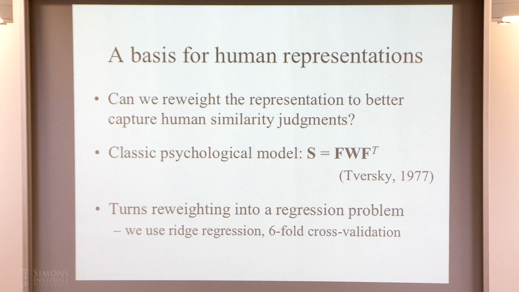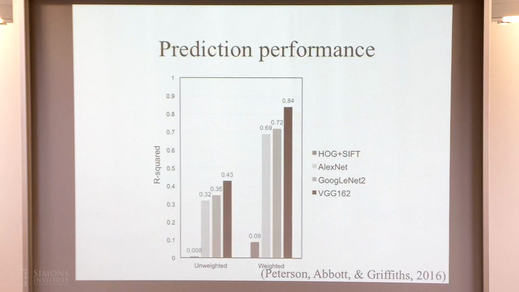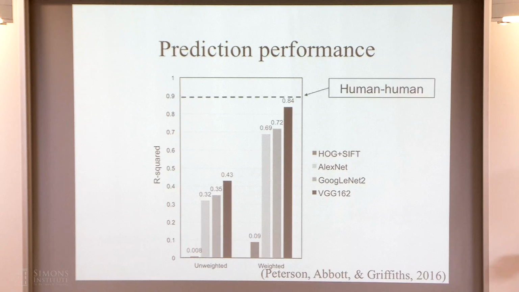So we're dealing with a large number of predictors and a relatively small amount of data, but we can appropriately regularize the regression problem so that we're actually getting reasonable solutions out. And when we do that, we get, as you would expect, a big improvement in performance. And in fact, the performance that we're getting out of the reweighted network representations is pretty close to the noise threshold in terms of what we see in the human-human correlations.